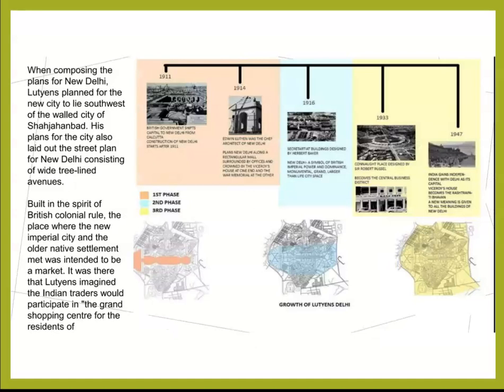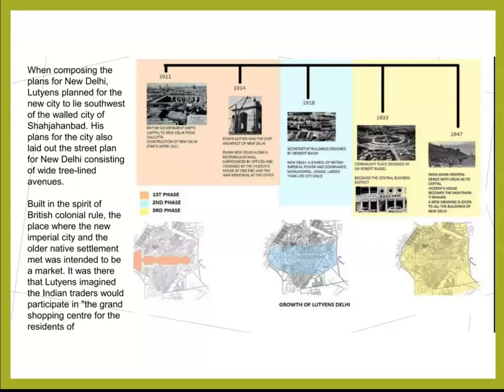When he was composing Delhi, he found a place southwest of Shahjahanabad, and that was created as New Delhi, which has streets and wide tree-lined avenues. This New Delhi was built in the spirit of British colonial rule.